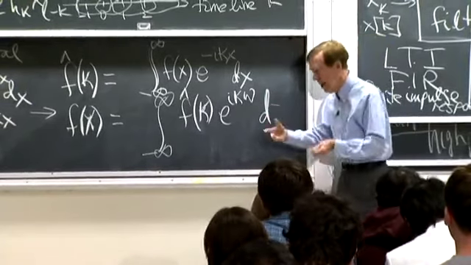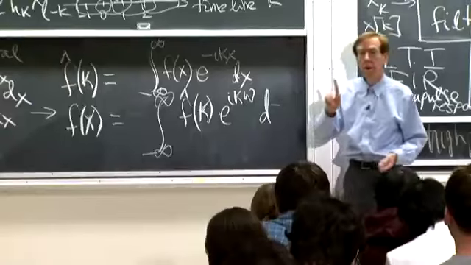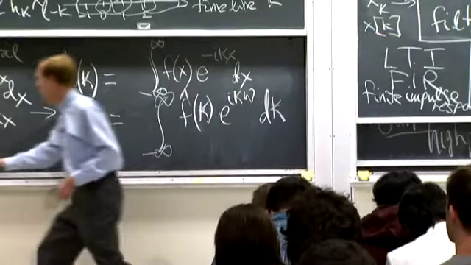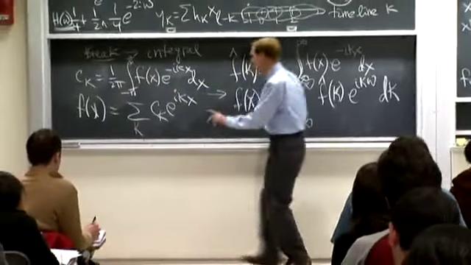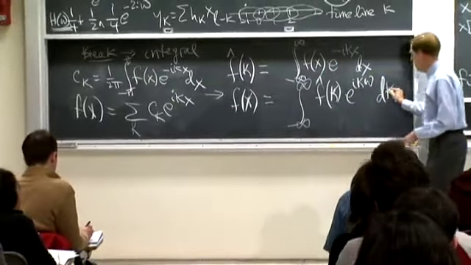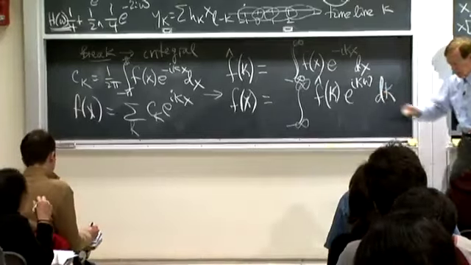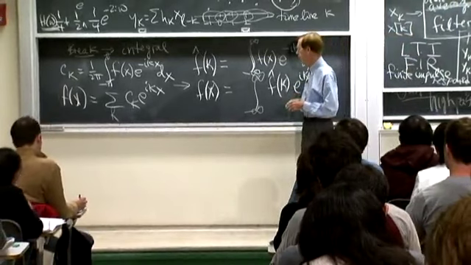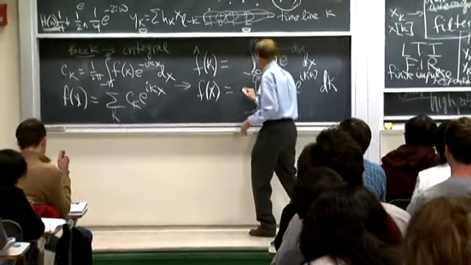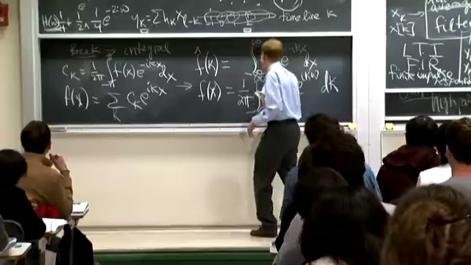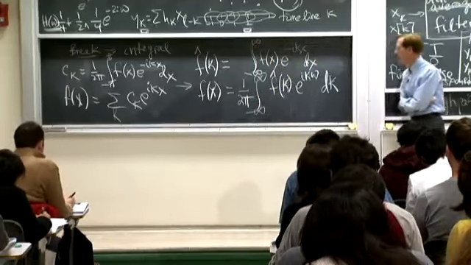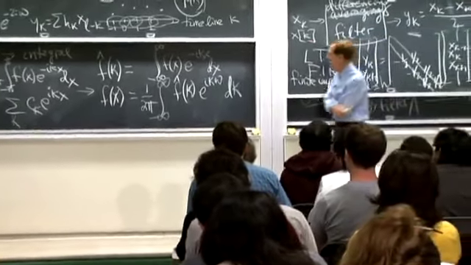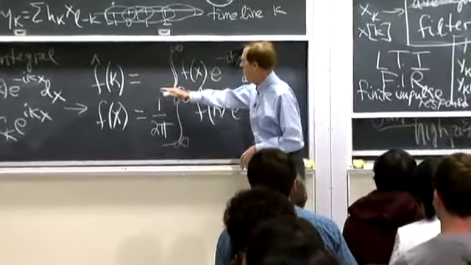I put them all together, so I integrate d k. I'm integrating over the frequencies. This was a sum over k from minus infinity to infinity. Now this is an integral because it's all filled in. And it remains to deal with this 2 pi. And I see in the book that the 2 pi went there. I don't know why. Anyway, there it is. So let's follow that convention, that put the 2 pi here. So there's the formula.